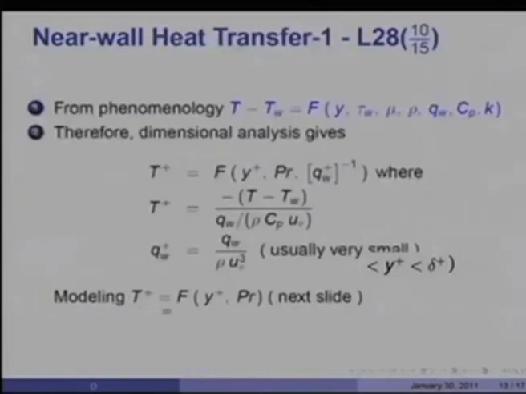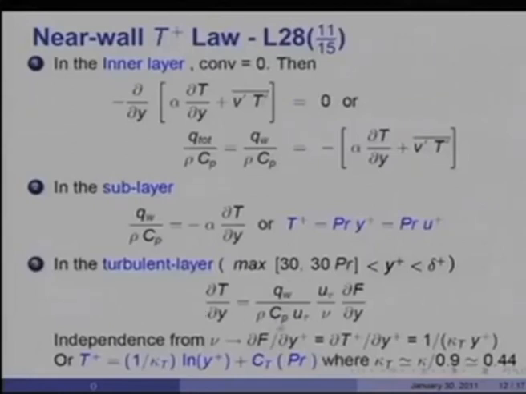The relationship dT by dy would read as dT by dy equal to Q wall over rho Cp u tau equal to df by dy plus into dy plus by dy, which is u tau by nu, and this expression must be independent of nu, which gives me that df by dy plus must be equal to dT plus by dy plus equal to 1 over kappa t y plus, or T plus equal to 1 over kappa t ln y plus, all this for a fixed Prandtl number, and therefore, the constant of integration Ct would be a function of Prandtl number, and kappa t turns out to be kappa divided by 0.9 equal to 0.44.